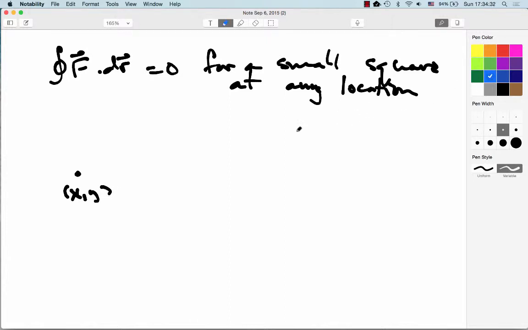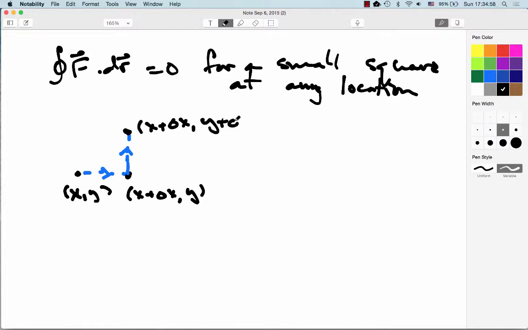So my path that I'll take, go off to the right like that. So our next step here is we're going to end up at x plus delta x comma y, and then we'll go up and end up at x plus delta x comma y plus delta y, head back to the left.